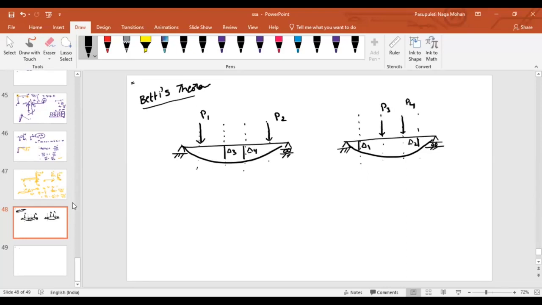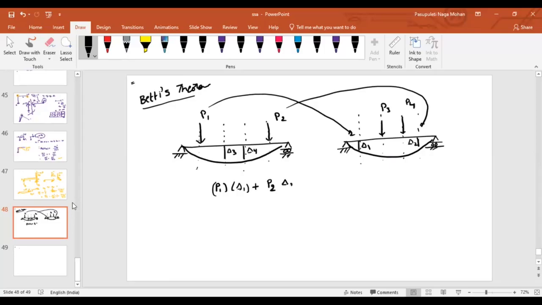According to the reciprocal theorem, that means load in the first case, P1, times the deflection at that section due to the second case, delta 1, plus the load in the first case times the deflection along its direction in the second case, equals P3 into delta 3 plus P4 into delta 4.